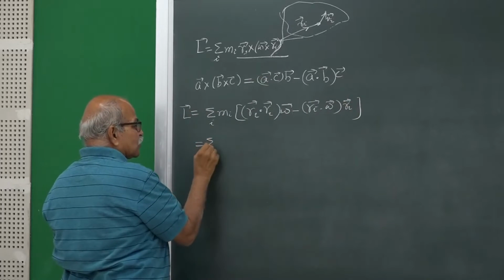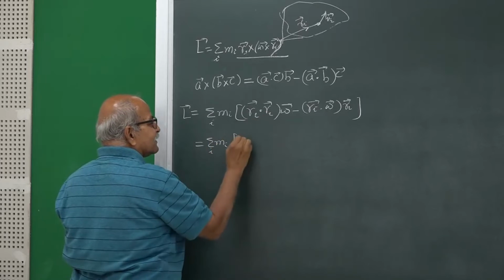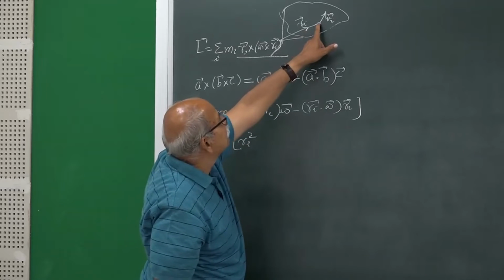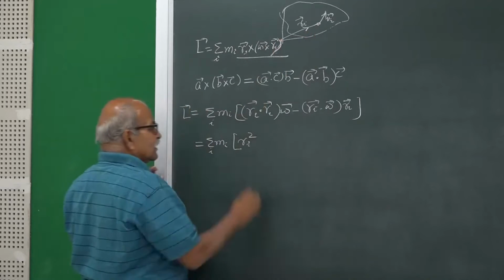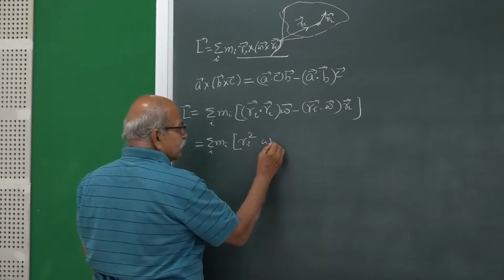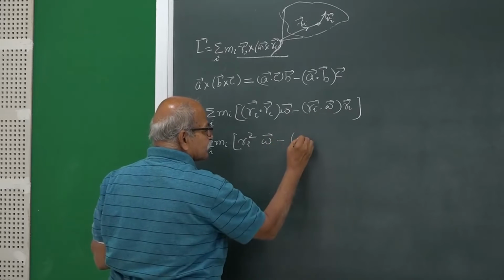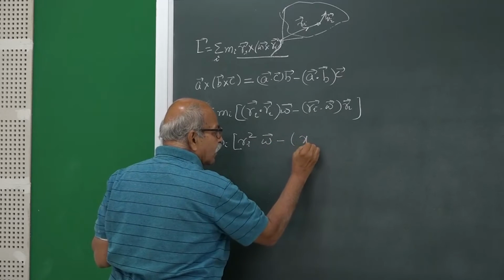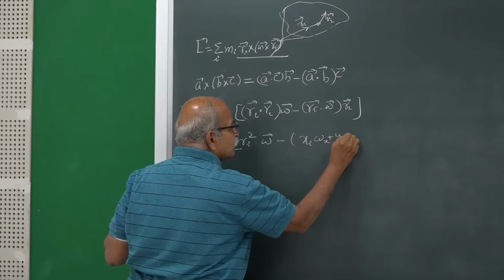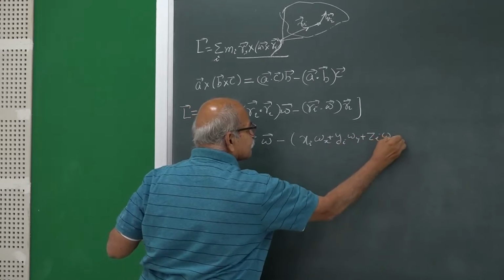This is equal to summation over i m_i r_i square, where r_i is the distance of the particle from the origin, and then omega, and here it is x_i omega_x plus y_i omega_y plus z_i omega_z.